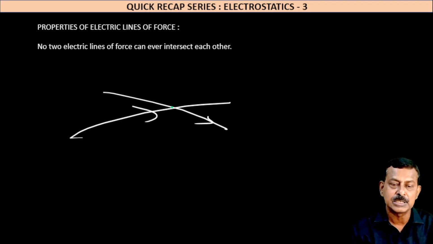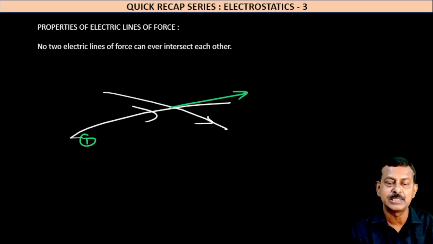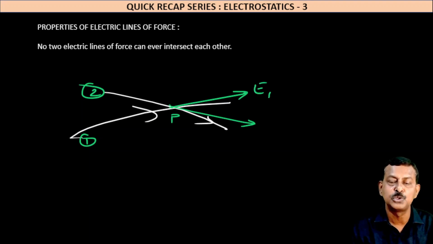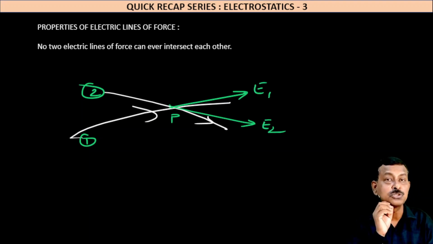If it is intersecting, then corresponding to the first one, suppose this is the first electric lines of force, I can draw a tangent in this direction. Similarly, for this particular line, that is the second one, again, there can be a tangent drawn here. So at the same point P, now you have two directions of the electric field, which is not possible.